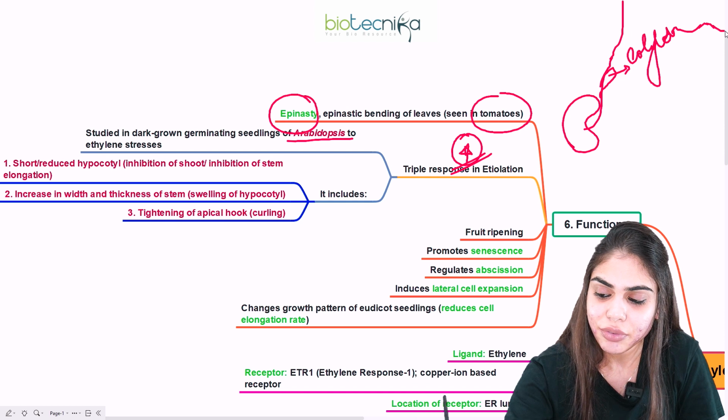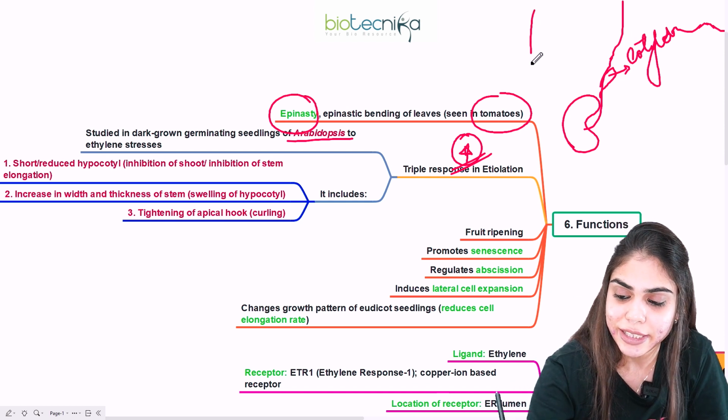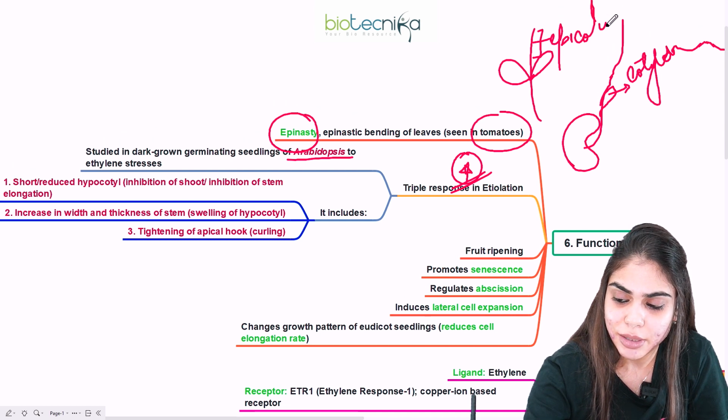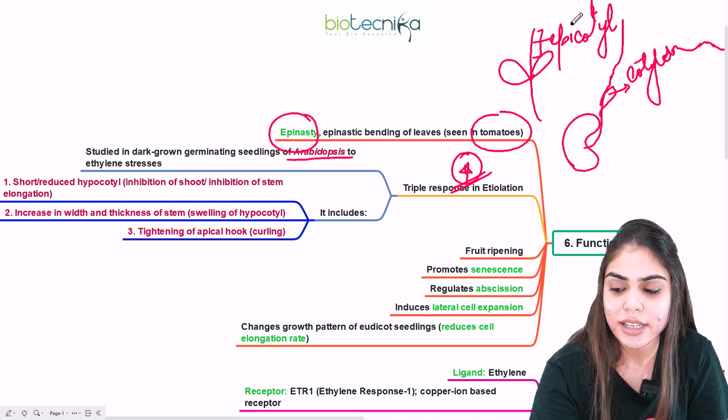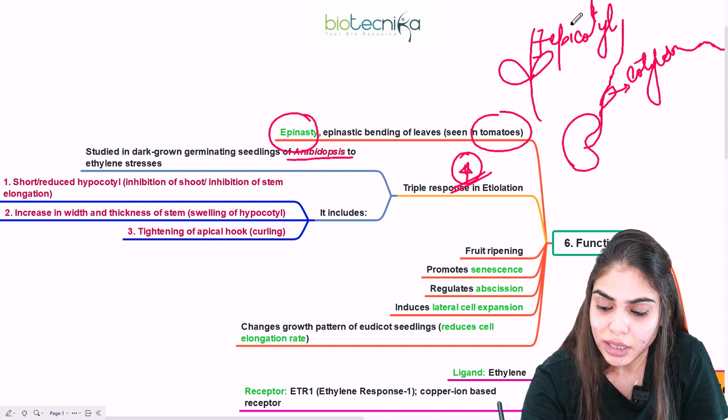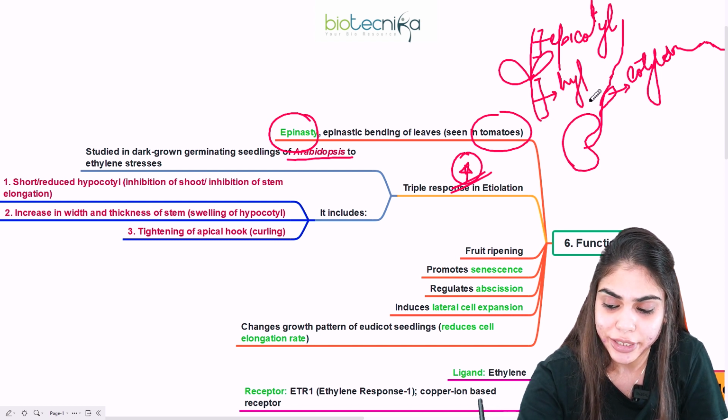Now this leaf will be present in the plant. Suppose these both are cotyledons. The area above the cotyledon helps in the elongation of the stem. This area is called the epicotyl, and below the cotyledon, the area is called the hypocotyl.